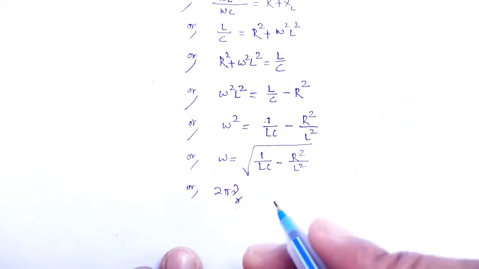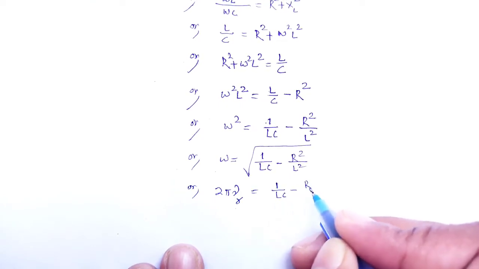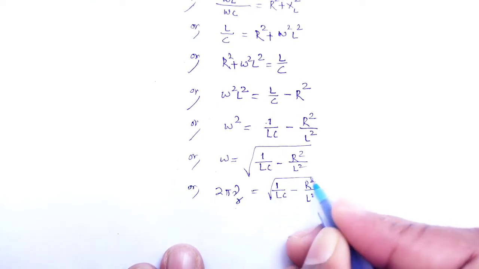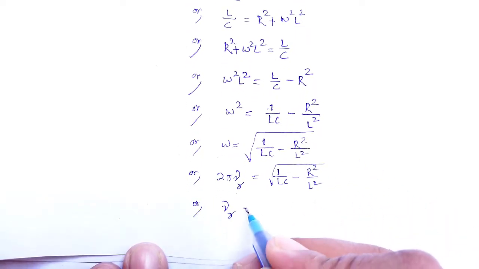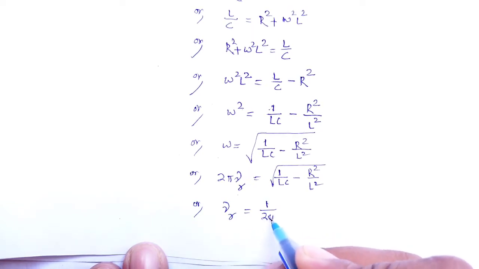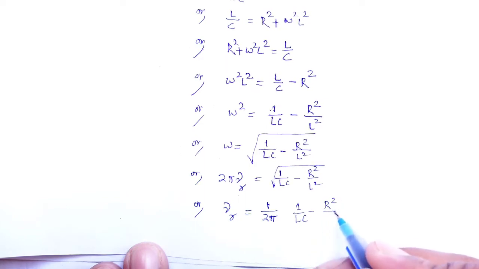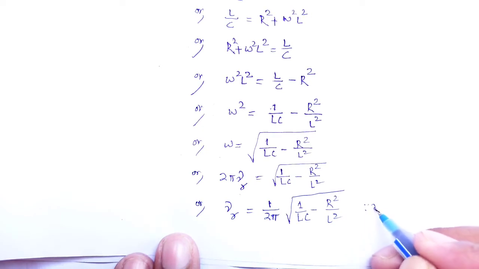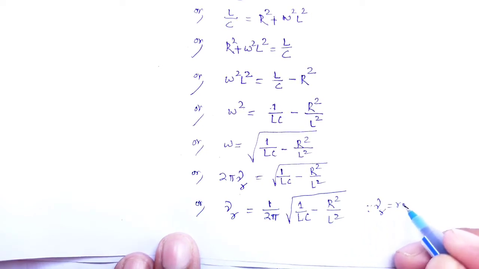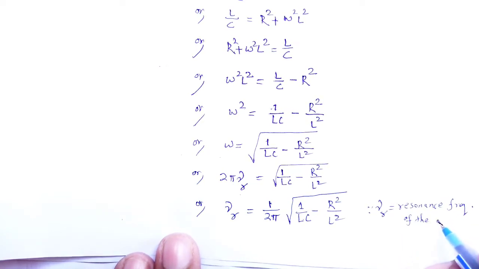Here the condition for resonance: nu R is equal to 1 by 2 pi under root of 1 by LC minus R square by L square, where nu R is the resonance frequency of the circuit.